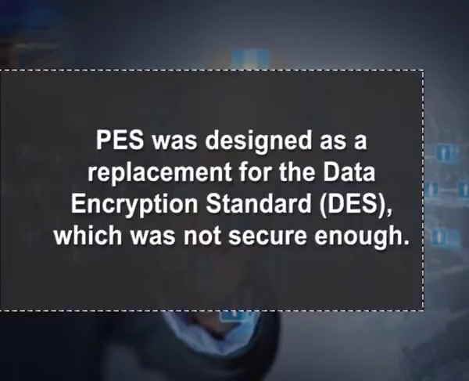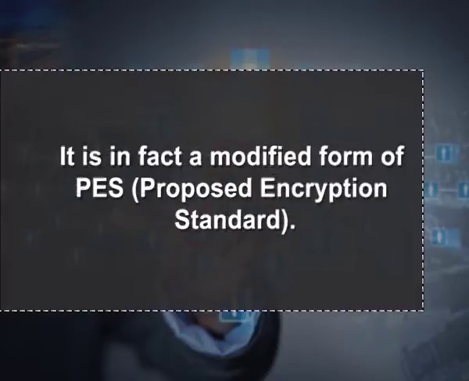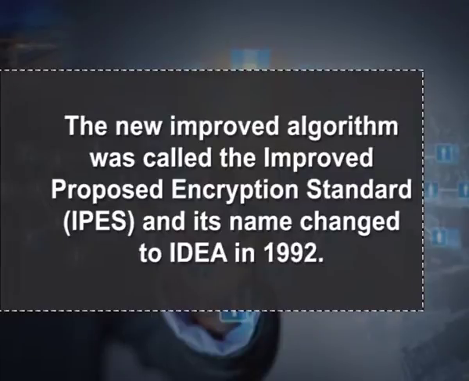PES was designed as a replacement for the Data Encryption Standard, DES, which was not secure enough. It is in fact a modified form of PES. The new improved algorithm was called the Improved Proposed Encryption Standard, IPES, and its name changed to IDEA in 1992.